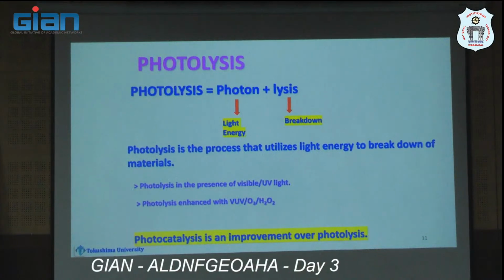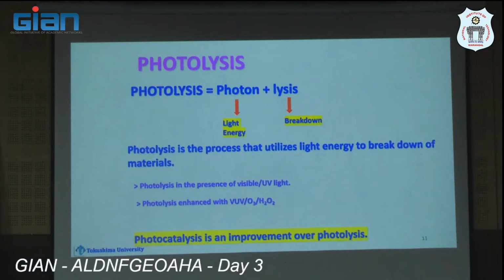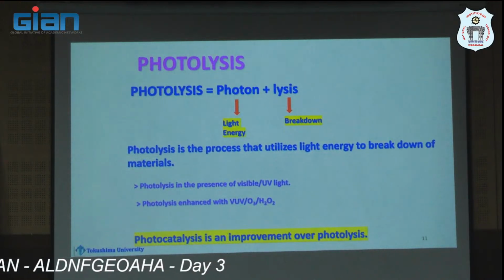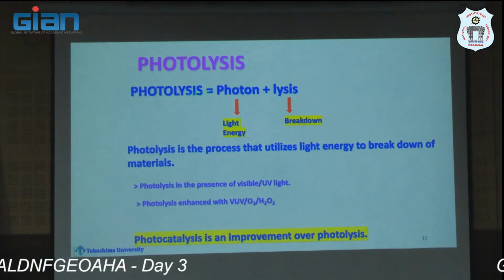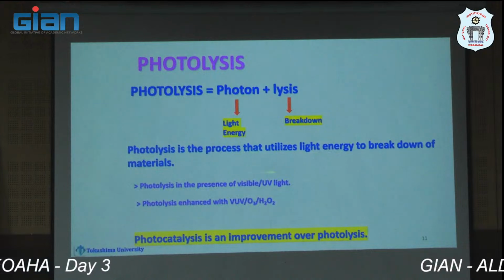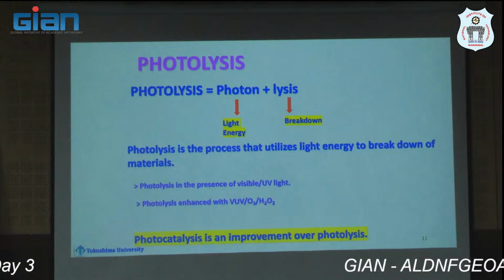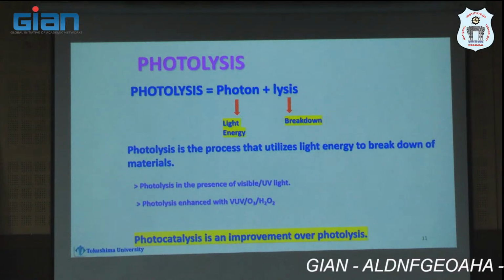So in photolysis we are just using visible or UV light, and sometimes we add ozone or hydrogen peroxide.